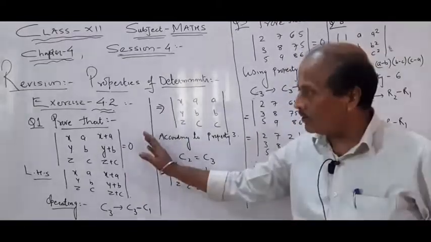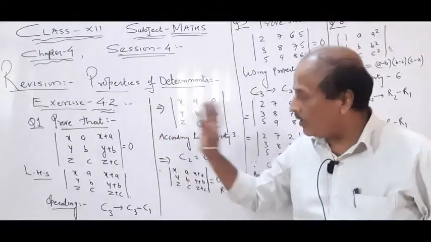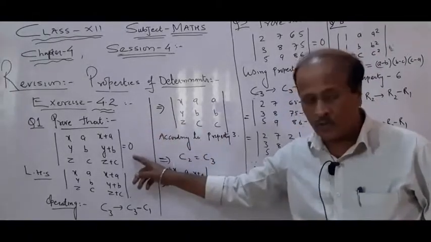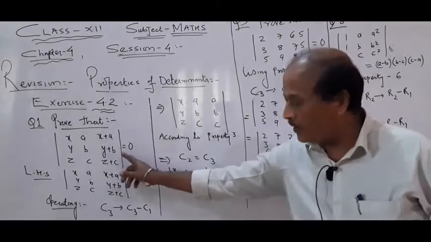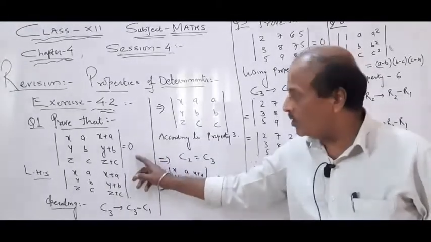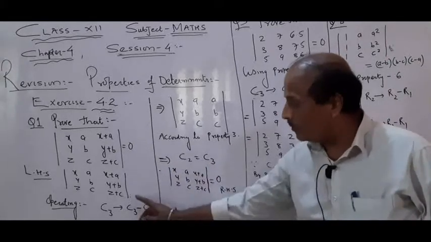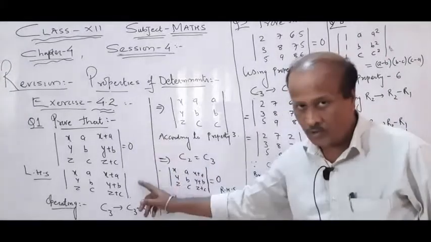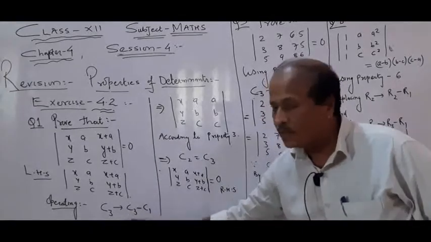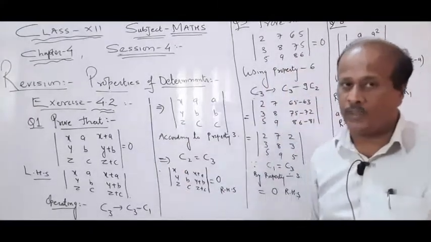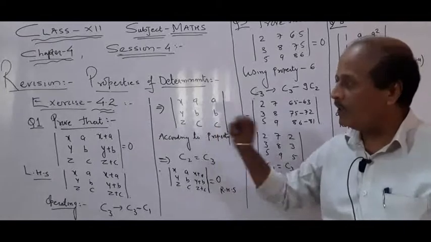Easiest question, 1 mark question, and 99% whenever they ask to prove any determinant equal to 0, most of the time we use property number 3. But whichever property, whichever step, whichever theoretical part you use, mention it side by side, otherwise marks will be deducted. You are not supposed to solve it directly.